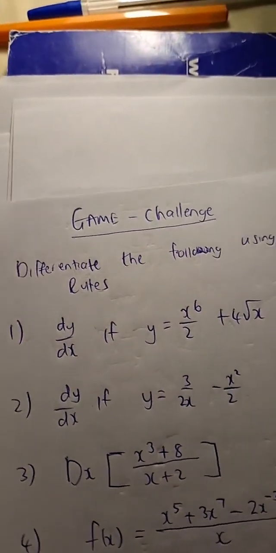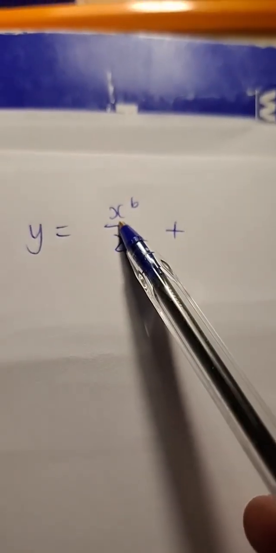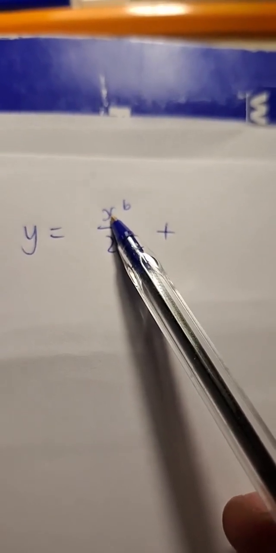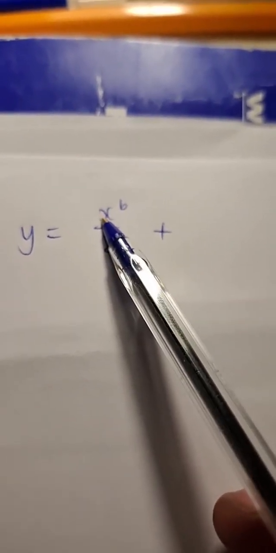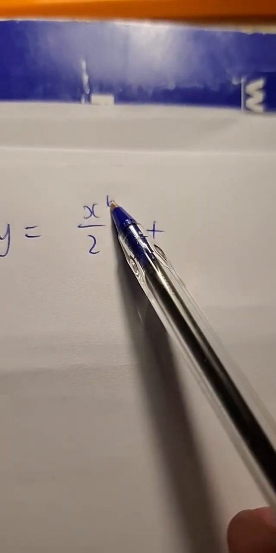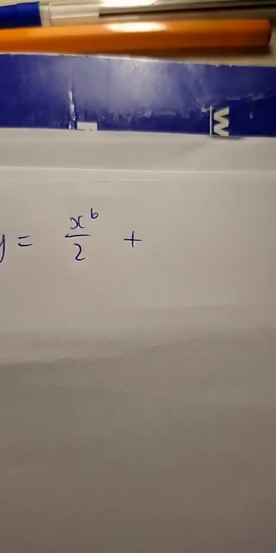Okay, so when we differentiate that, what do we have to first do? If you remember from last time, we take the function itself, y is equal to x to the power 6 over 2, and we ensure first and foremost that all variables are in the numerator. The variable here, x, which we need to differentiate with respect to, is in the numerator, which is good.